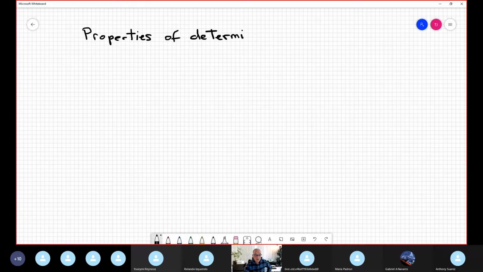The classical question, Professor: is the determinant a matrix, yes or no? No, it's not a matrix, and this is the reason that the symbolic way is different. The determinant is like a function.